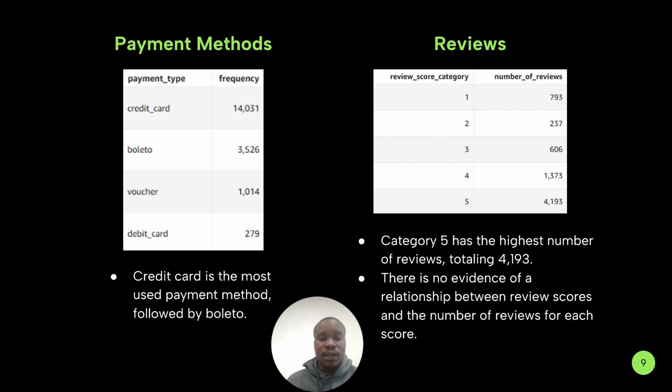Thank you, Shibi. Under the operations section, I'll dive straight into payment methods and reviews. The highest volume, credit cards with 14,031 transactions, reflects customers' demand for flexibility and installments. Boleto follows with 3,526 transactions, serving as an important alternative for unbanked customers or those avoiding credit.